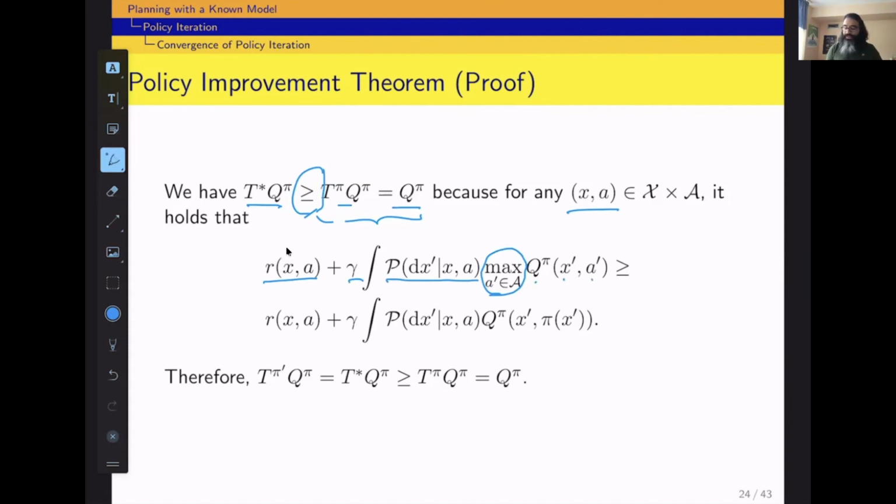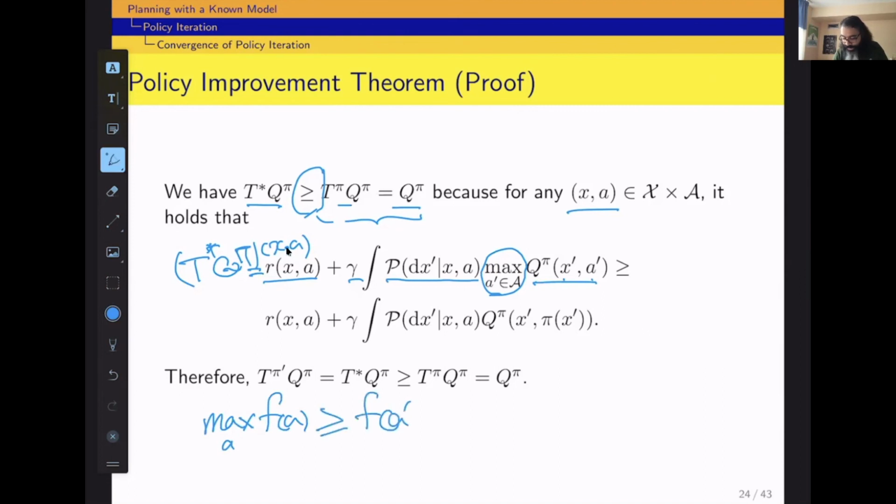So that's T star of Q pi at state X and action A. The maximum of this quantity, Q pi of X prime, A prime, is always greater or equal than the value for any choice of action A prime.